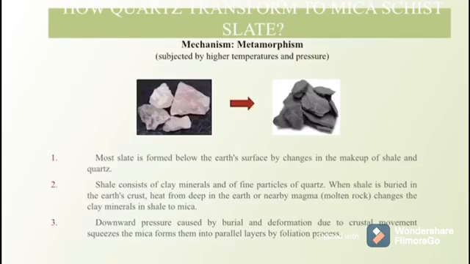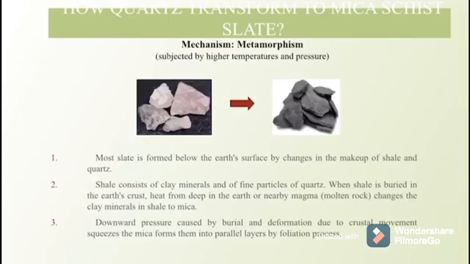So now, I am Masabila binti Saidan and will present about how quartz transforms to mica schist slate. So, the mechanism of this process is metamorphism, which is subjected to high temperatures and pressure. So first, we need to know how quartz forms.